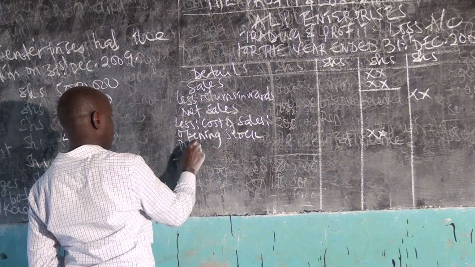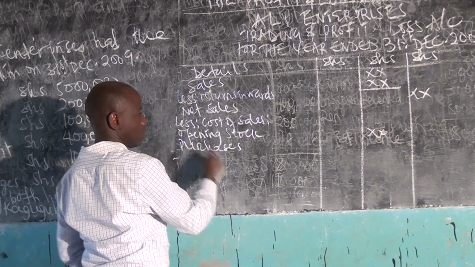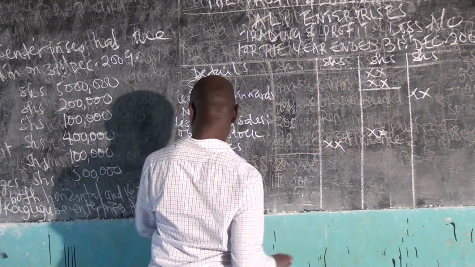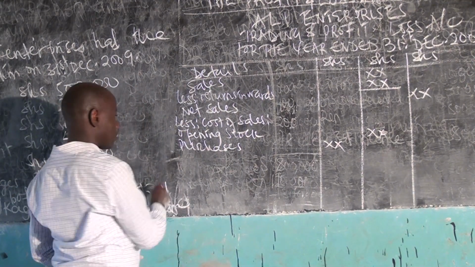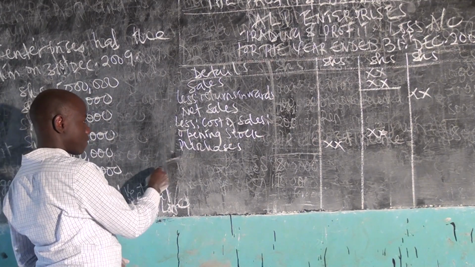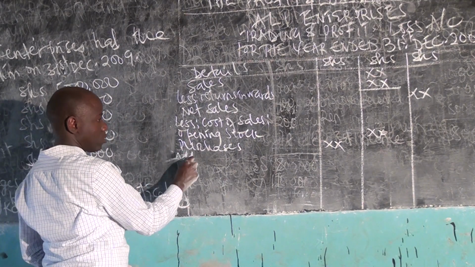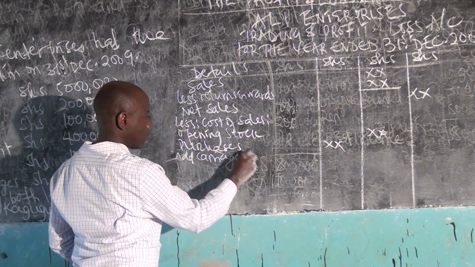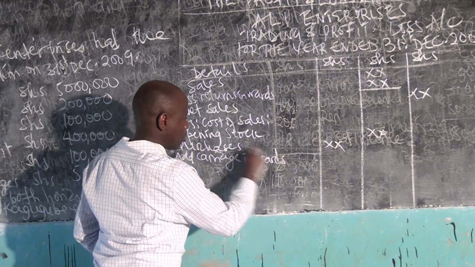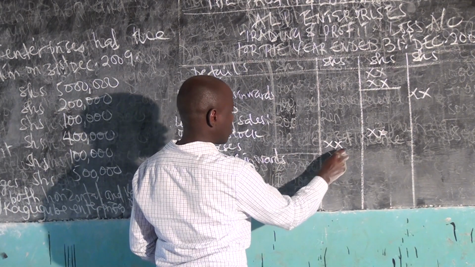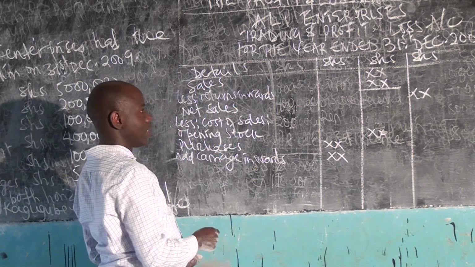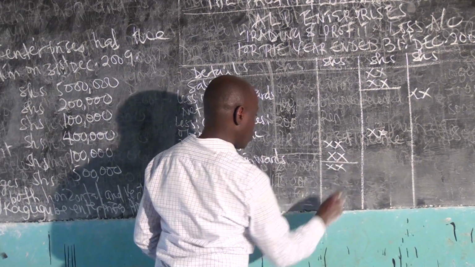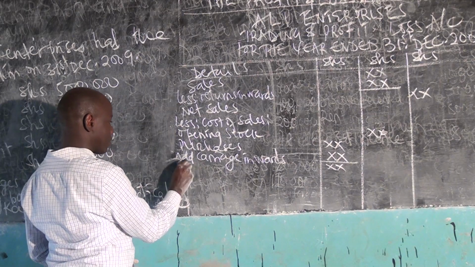You add purchases, this amount of money. You may add their carriage inwards. When you add these two, what you get is known as total purchases.